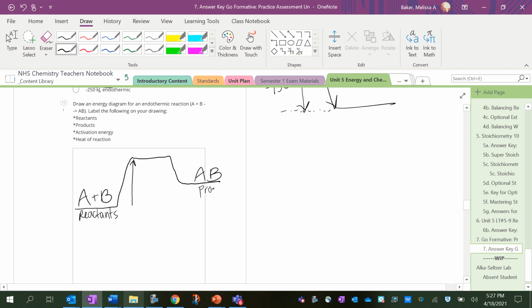Reactants, product. Activation energy. That's how much it takes to get to the top of the mountain, how much energy is required to break the bonds of the reactants. And the heat of reaction is the difference between the reactants and the products.